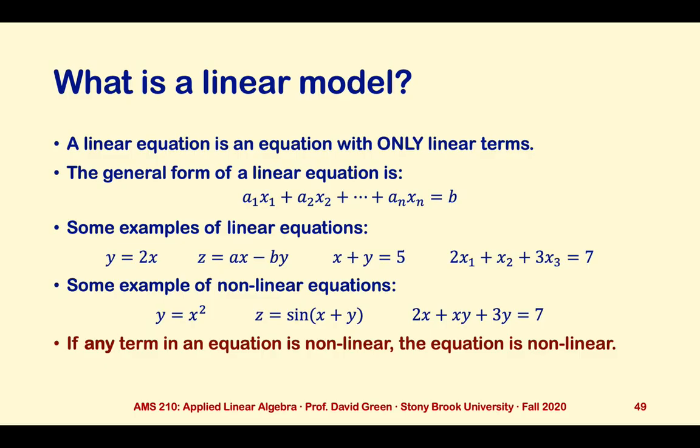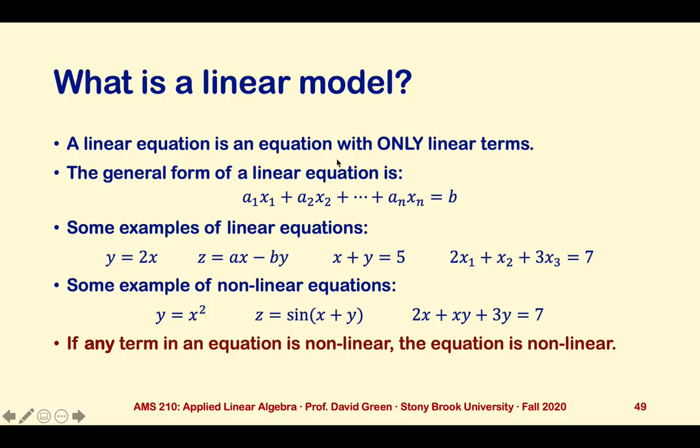We discussed what a linear term is. It's a term that has the general form of a constant times a variable. A linear equation is, quite simply, an equation that only has linear terms in it.